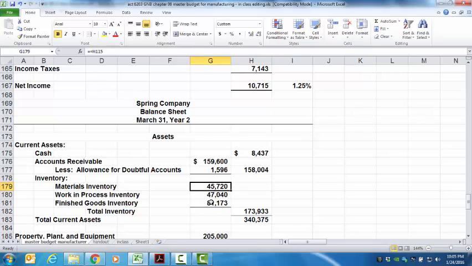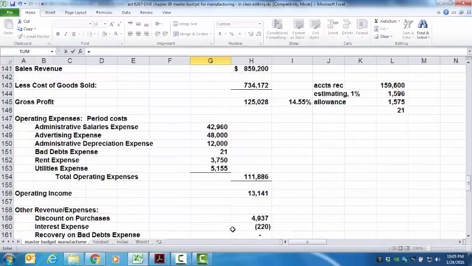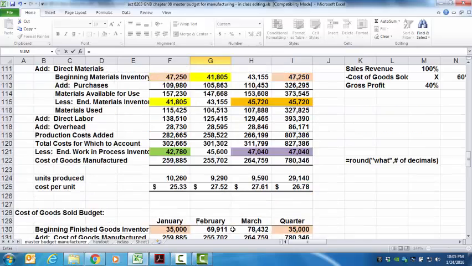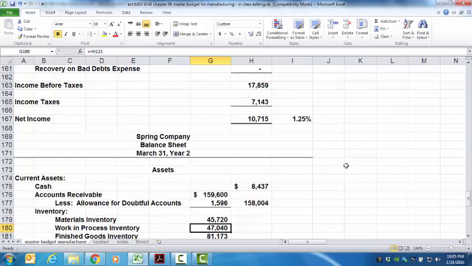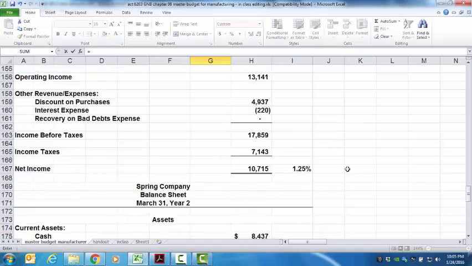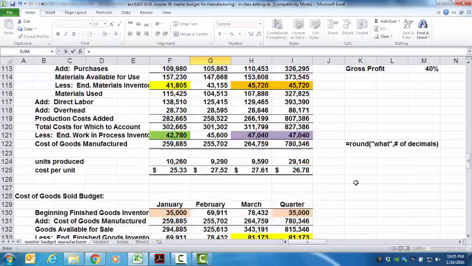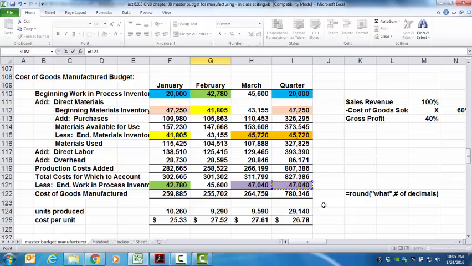All these inventory items we calculated already. The materials inventory, we did that back on the cost of goods manufactured. There it is right there. The ending work in process is also on that cost of goods manufactured. It's right down there.